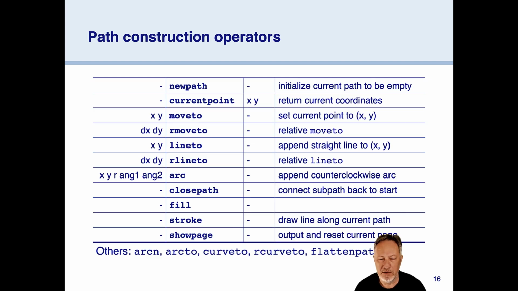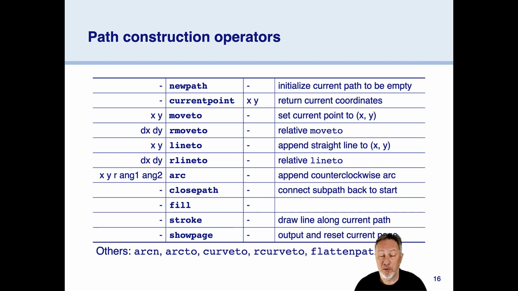Continuing on, here are the various operators available in PostScript to construct paths. First is newpath. It requires no arguments. It just initializes the current path to be empty. It doesn't do anything with the stack. Currentpoint tells us where we are and pushes x and y, the current coordinates, onto the stack.